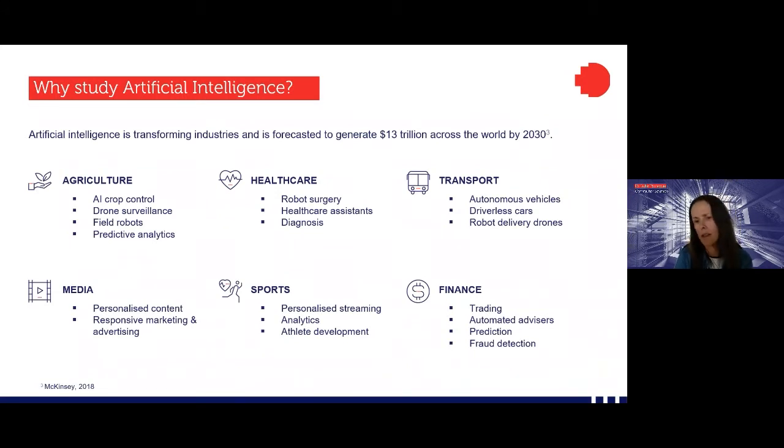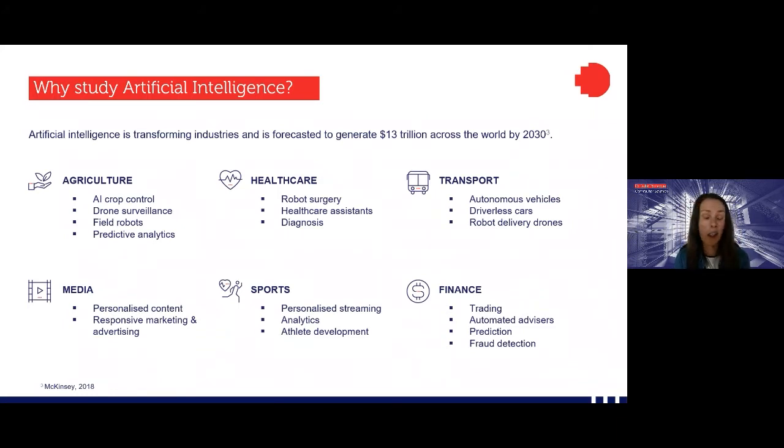The one on the slide here, 13 trillion across the world by 2030, from a McKinsey report, but you can look at many other reports which get very similar figures. And of course, hand in hand with that goes the need for AI skilled workers to implement that change in industry. And on the slide here, there are some examples across the board.